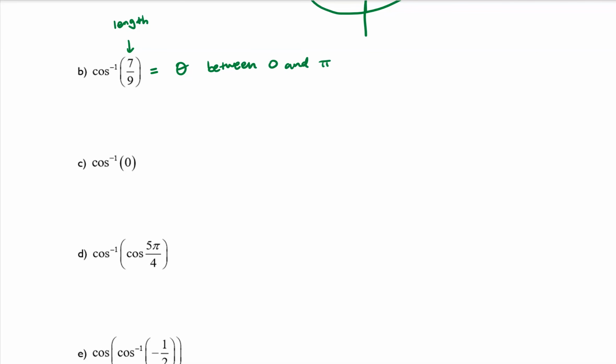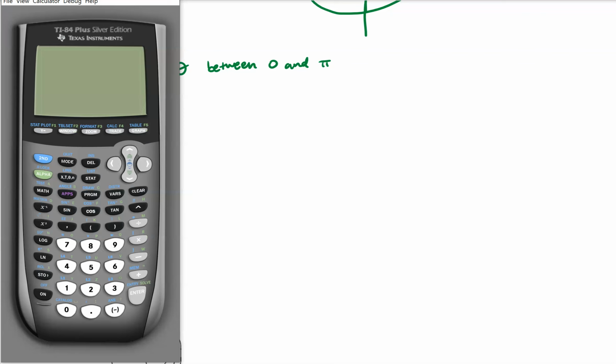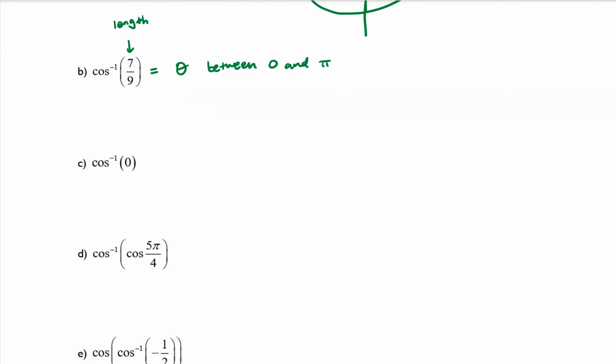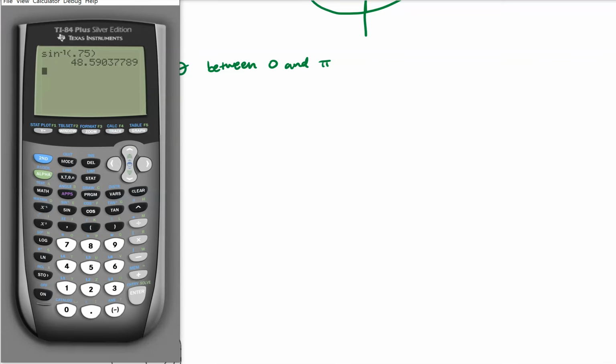Or if you're thinking in terms of degrees, between 0 and 180 degrees. This is another example where 7/9 is not one of our common lengths that we deal with on the unit circle. So this one is going to require a calculator.